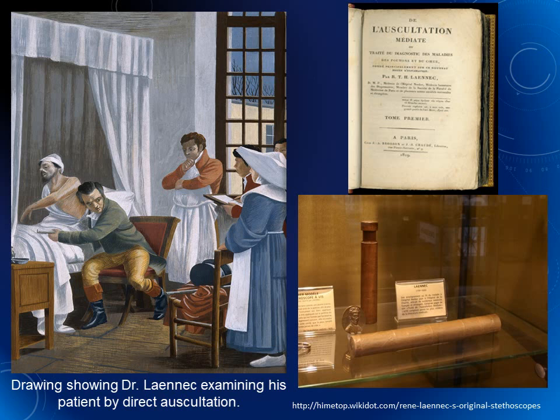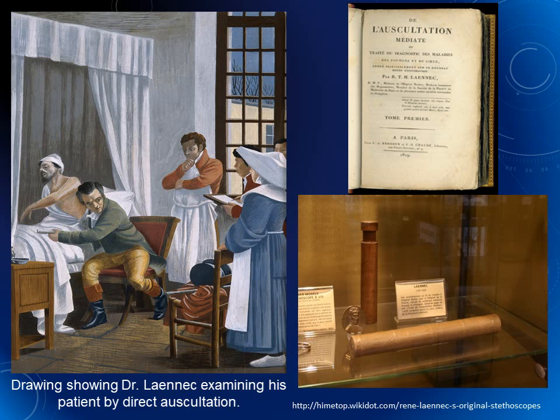Laennec was the first who used mediate, or indirect, auscultation when he rolled a paper into a sort of cylinder and applied one end to the region of the heart and the other to his ear.